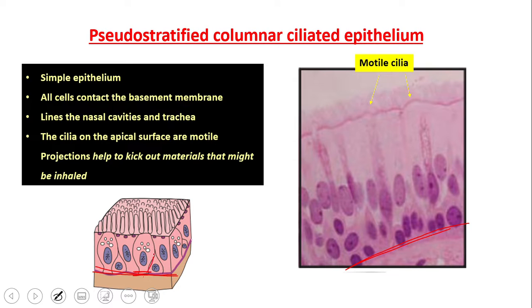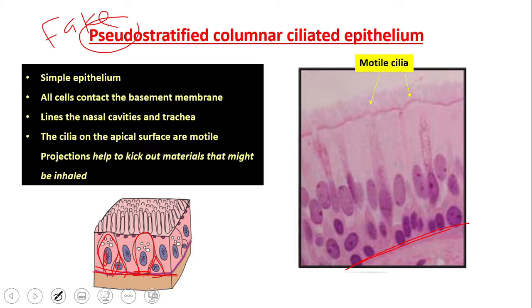So this is a tall one, here is a shorter one, here is a shorter one, here is a tall one. So here the nuclei are not at the same level, and this gives the false impression that this is stratified epithelium. That's why we call that pseudo, so it's false or fake, pseudostratified columnar epithelium.